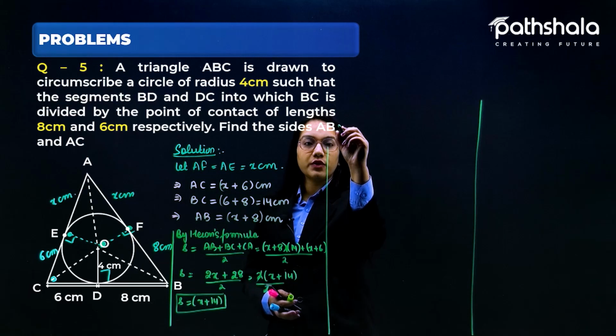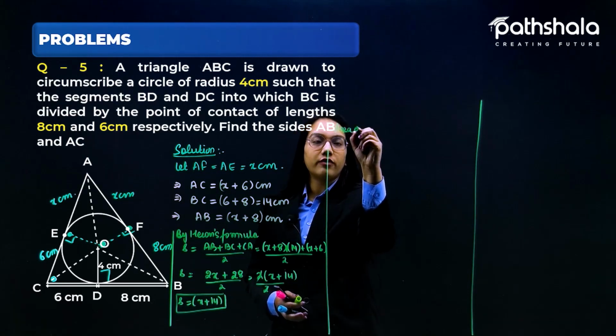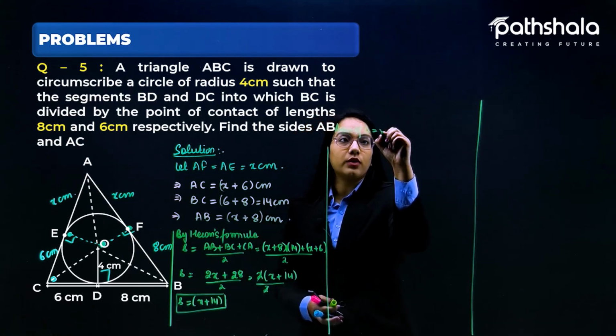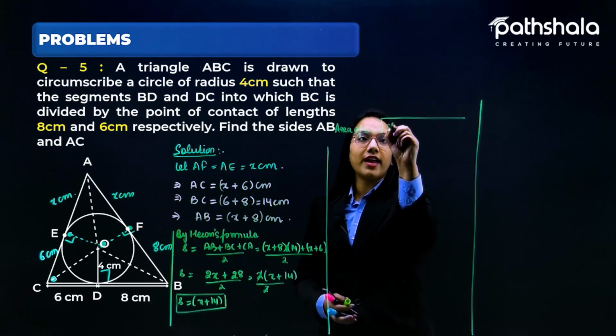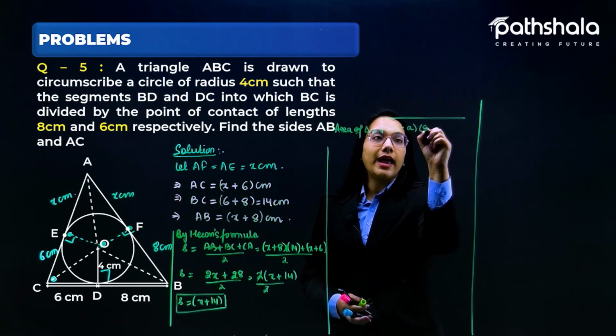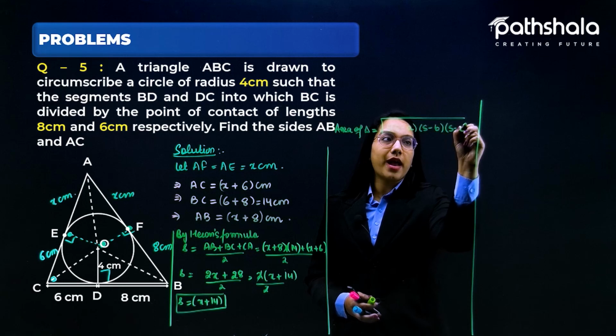So according to Heron's formula, we know that the area of the triangle is equal to the square root of S(S minus A)(S minus B)(S minus C).